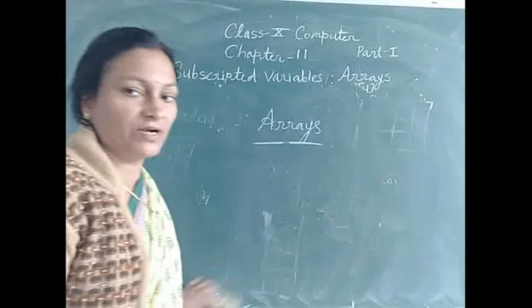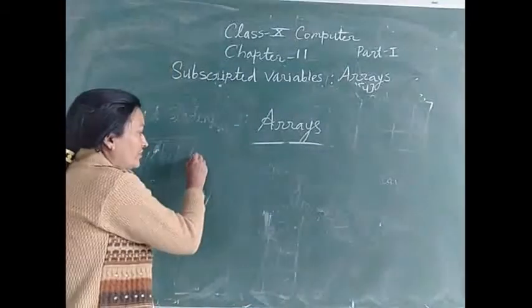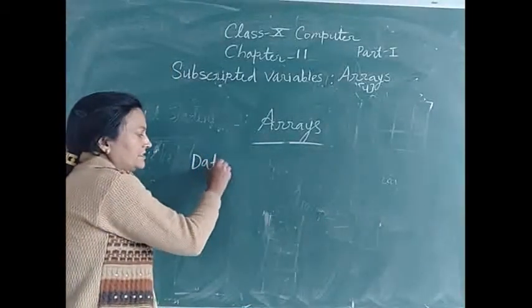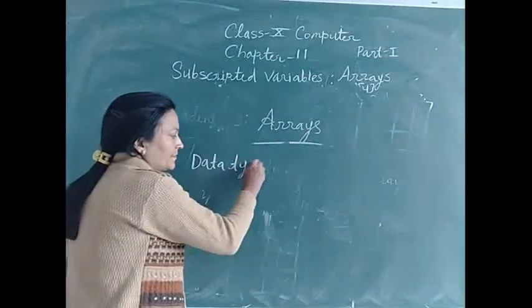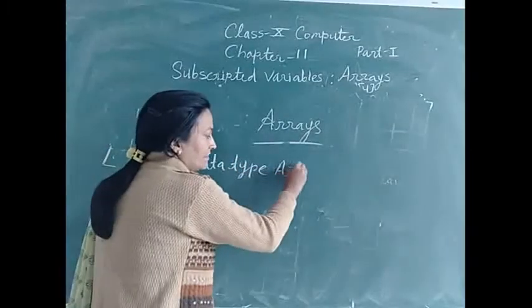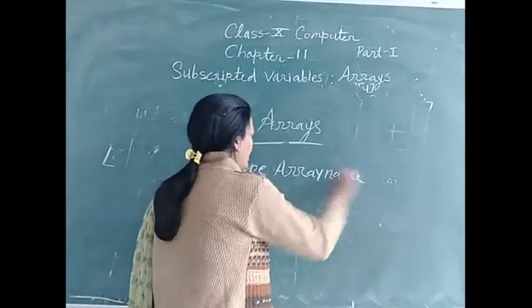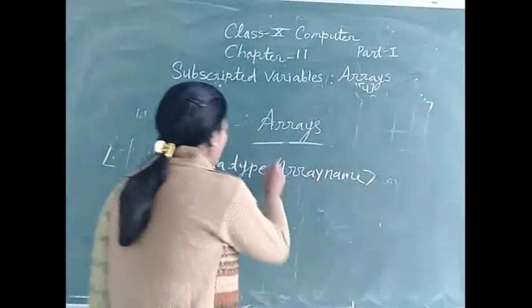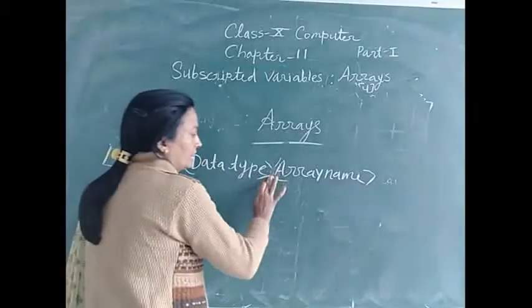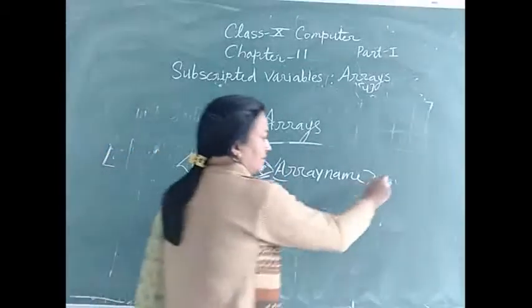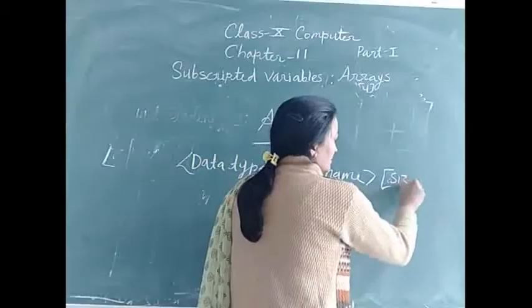If you want to declare a one-dimensional array, the format is data type, array name, and size.